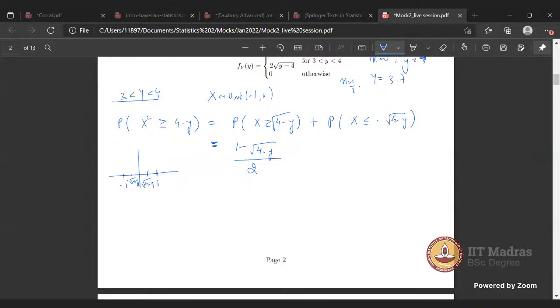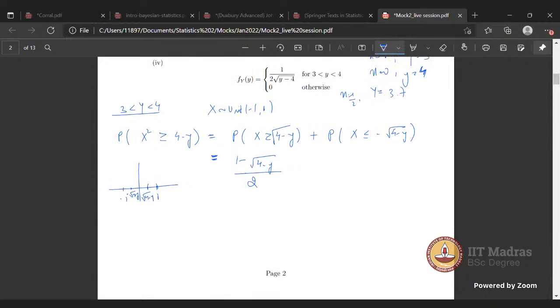It will be between -1 and 1 because your y is lying between 3 and 4. So if you take the square root, it is going to be in the range, only -1. Yeah, okay. Thank you. Now just use the distribution of x and find it. We have already found F_Y(y), and then we can just differentiate it and go back to our PDF.